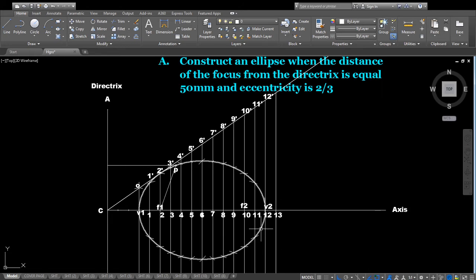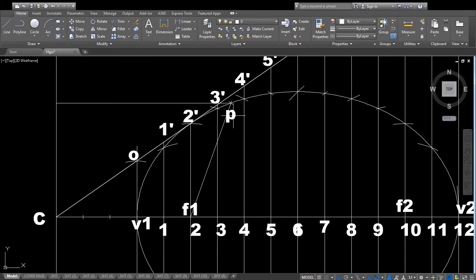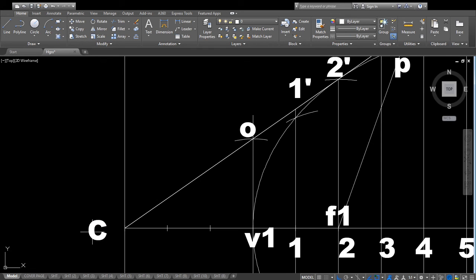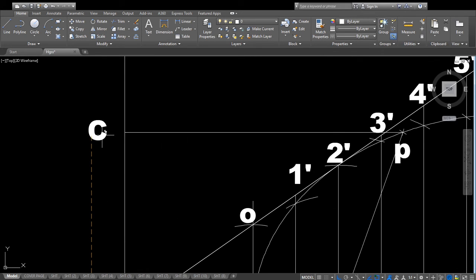Now, eccentricity said PF all over P directrix. So what do we call this now? Can we call this C prime? Yes, let's call this C prime.